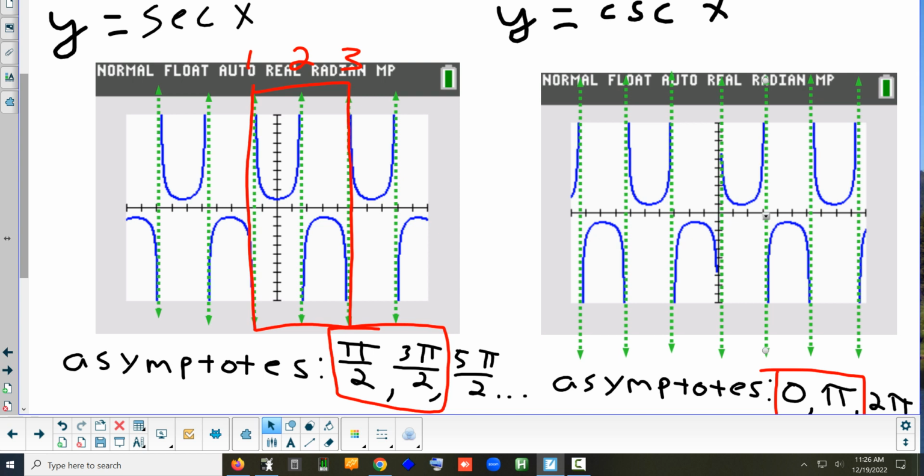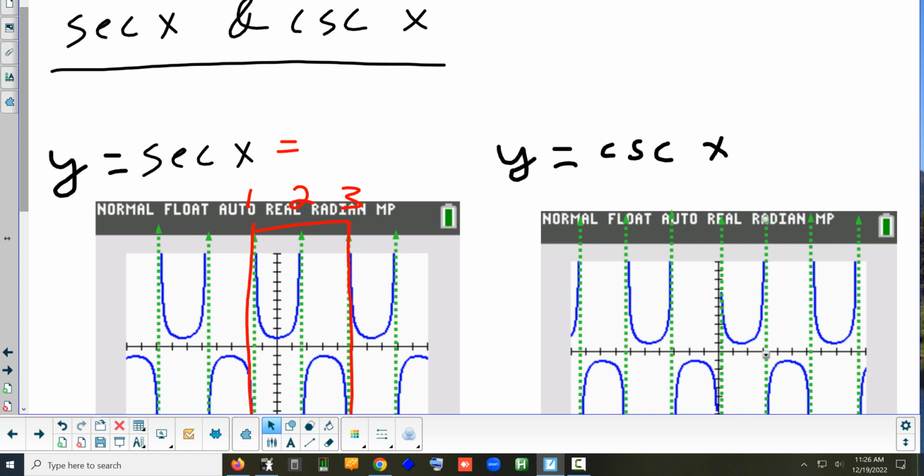Another thing you'll notice about secant and cosecant is the range isn't all real numbers. For tangent and cotangent, the range is all real numbers. But how come the range isn't all real numbers here? Because you never hit 0.